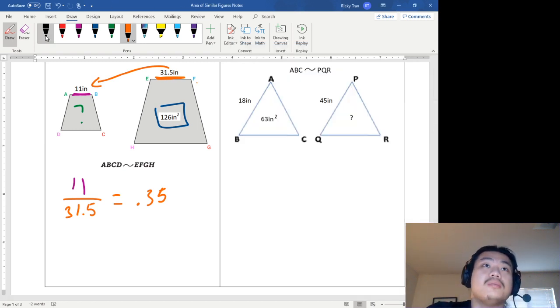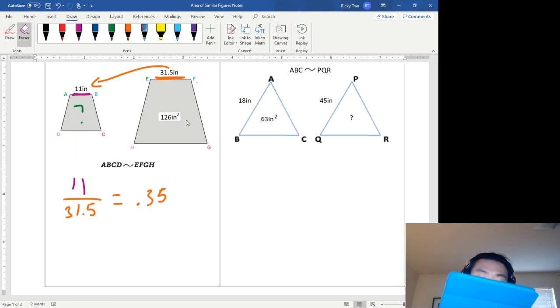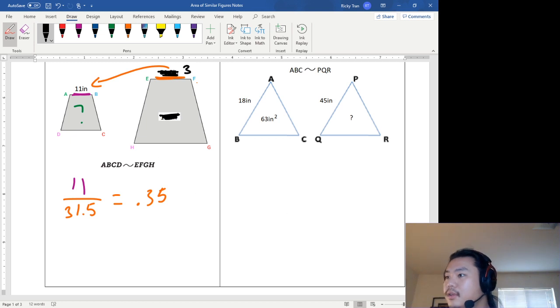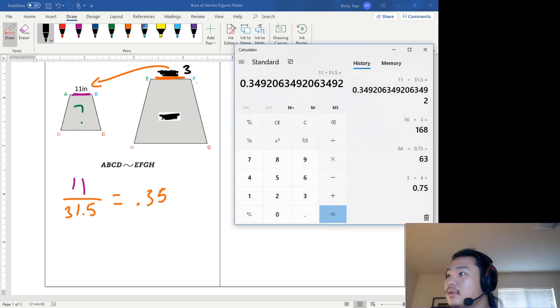This should have been 30. Actually, I'm gonna fix this number, which will edit the other number. Give me one sec. This number should be 33.5.